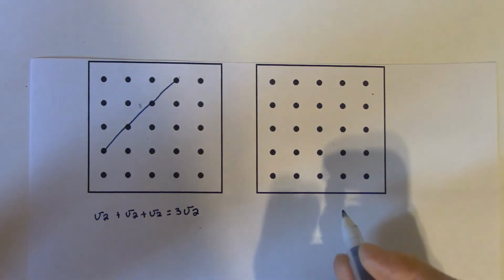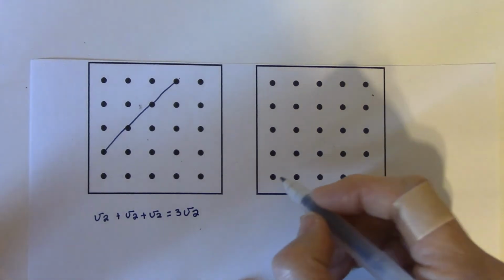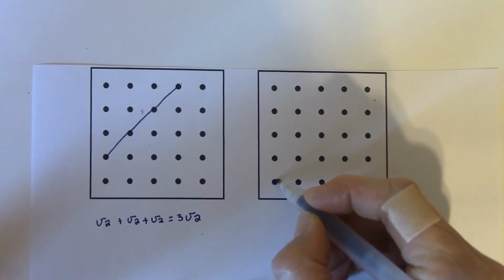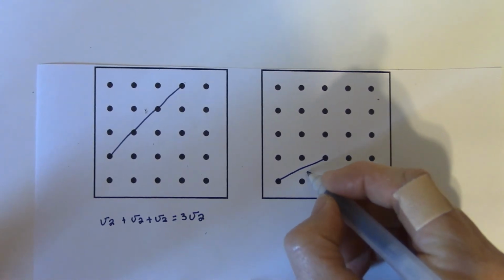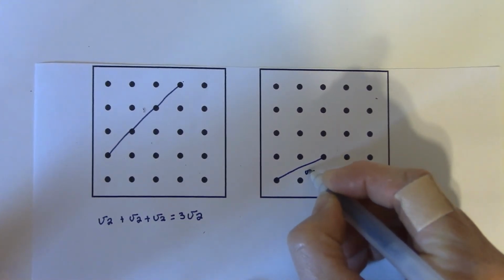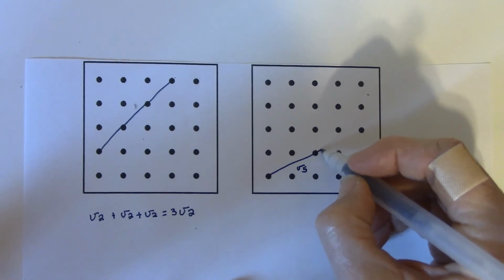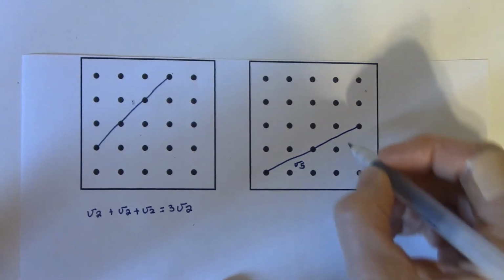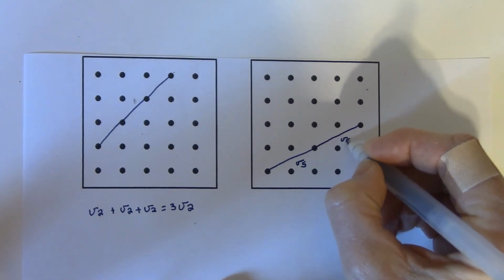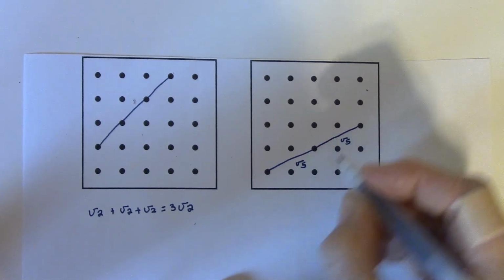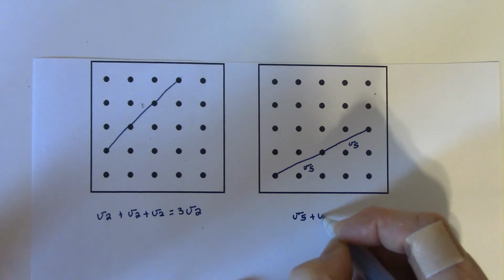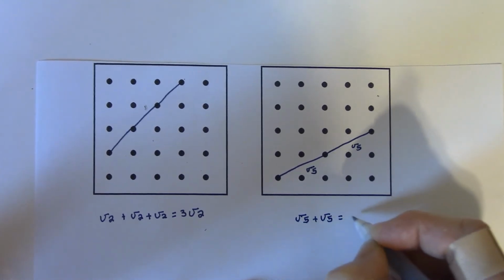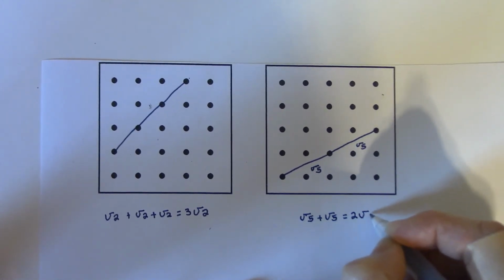I can add them together. The diagonal of the rectangle like this is the square root of 5. So if I do it again over here, it's another square root of 5, and I see I have 2 square roots of 5. So I have the square root of 5 plus the square root of 5 gives me 2 square root of 5.